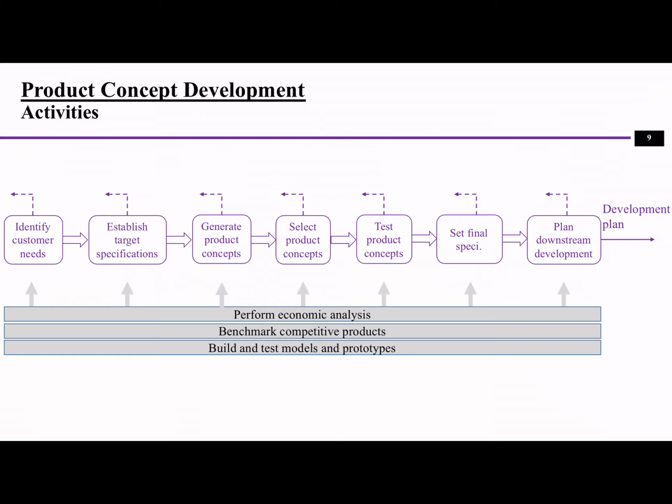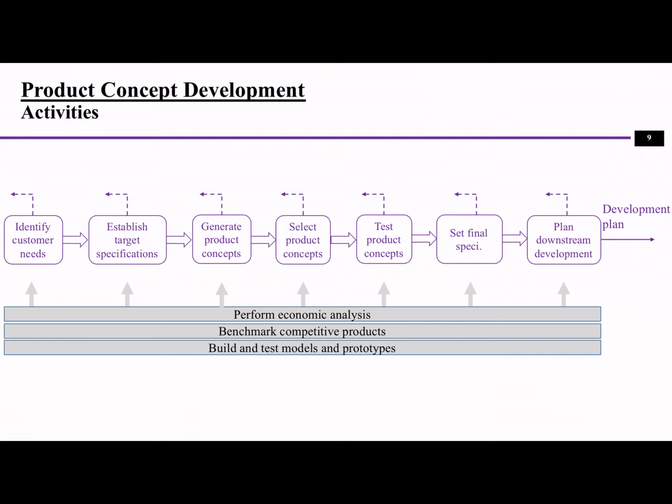So for product concept development, there are several activities involved. The first one is to identify customer needs. After we get the customer needs, we'll establish some target specifications. We'll go through each one in detail, but this is a general framework of product concept development, and this is a very important framework.